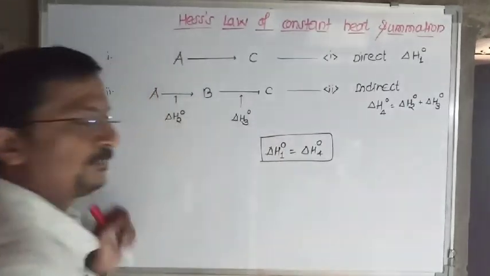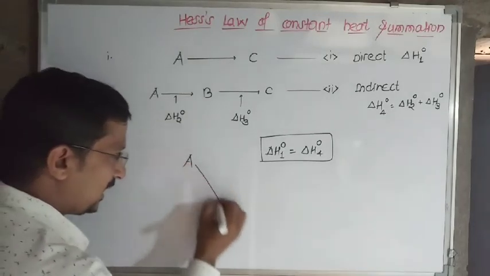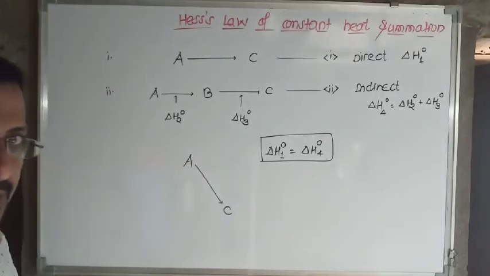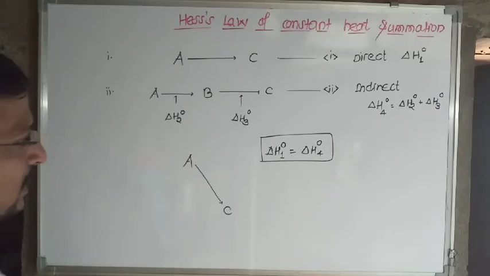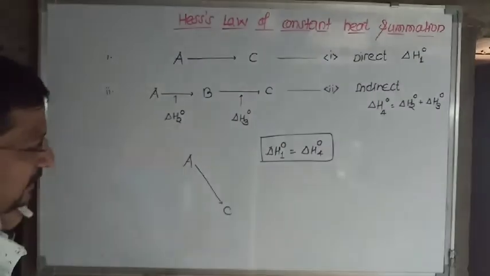What does it indicate? If you convert A directly into C in the direct process, the enthalpy change is delta H1.